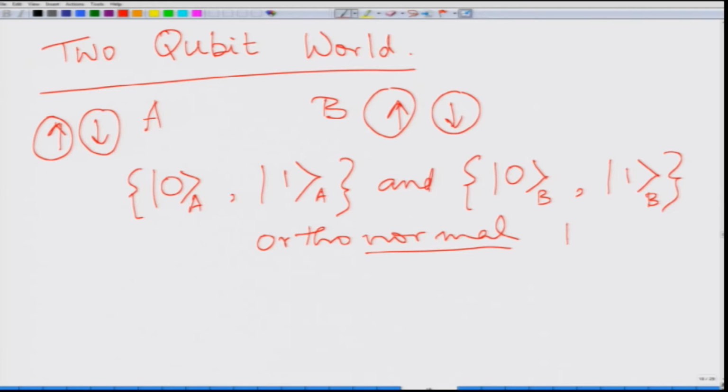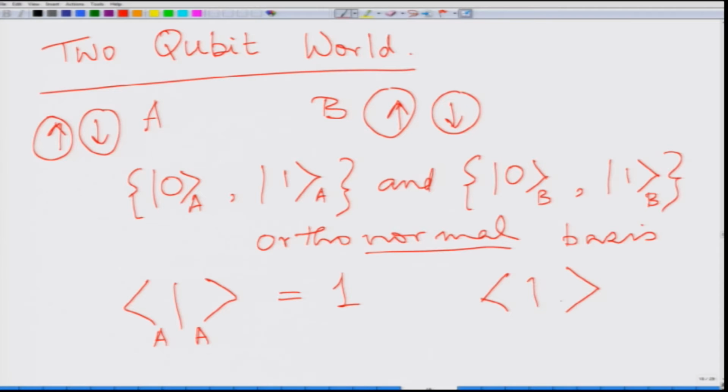Now, orthonormal basis means if I take a product of the two in this form, they will give rise to a unit value. That is what we are looking for. So, that is normality, and any time we take the same kind, I will get 1.